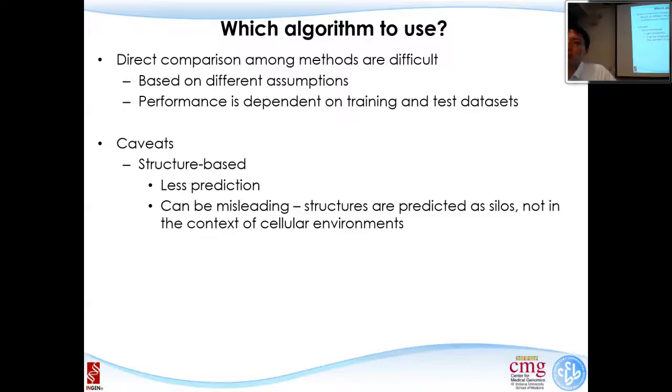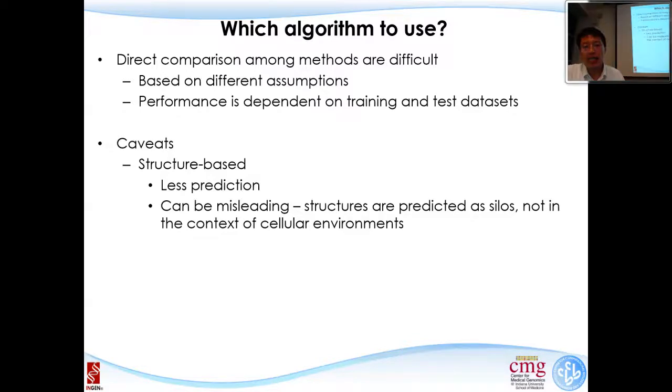But we need to make sure that we appreciate the fact that if you do the structure-based prediction, normally you will have less prediction available because not every protein has a structure available. Some of the proteins don't even form a structure. So in that case, structure-based analysis will not be available for everything.